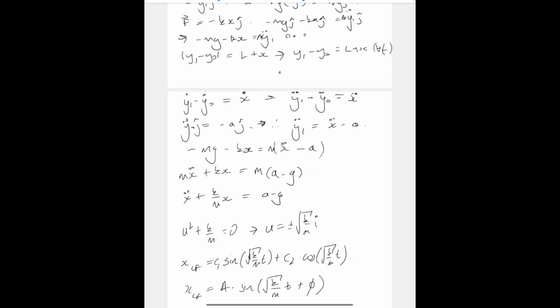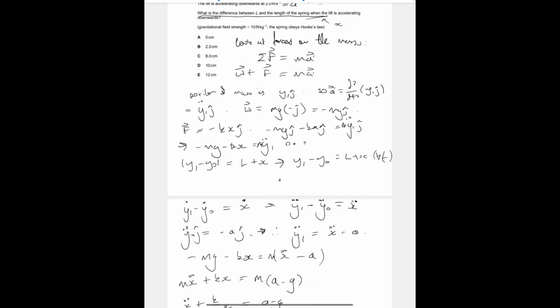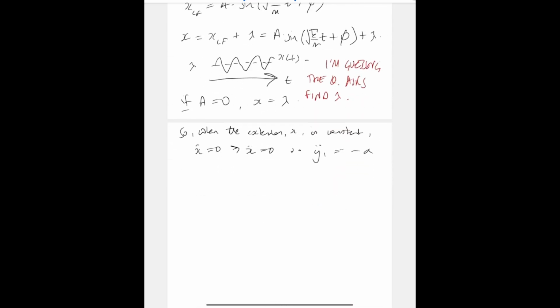Then we can look back at which equation it was, this equation over here, and we get minus mg minus kx equals minus ma. So that means m times (a minus g) equals kx. So x equals m times (a minus g) over k, and plug everything in.